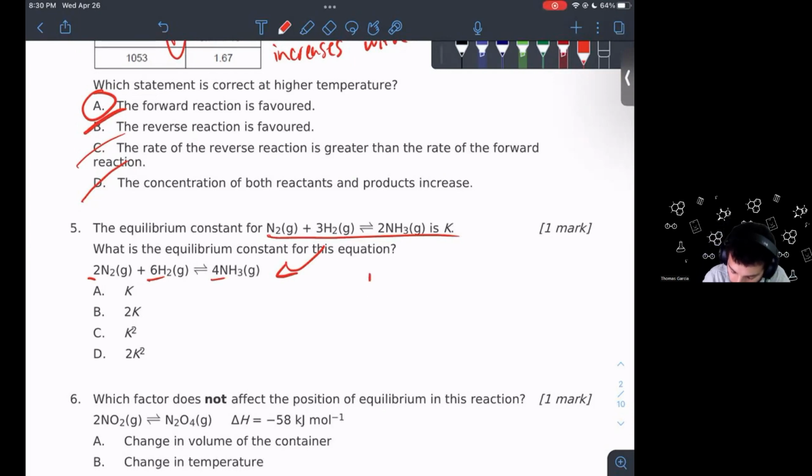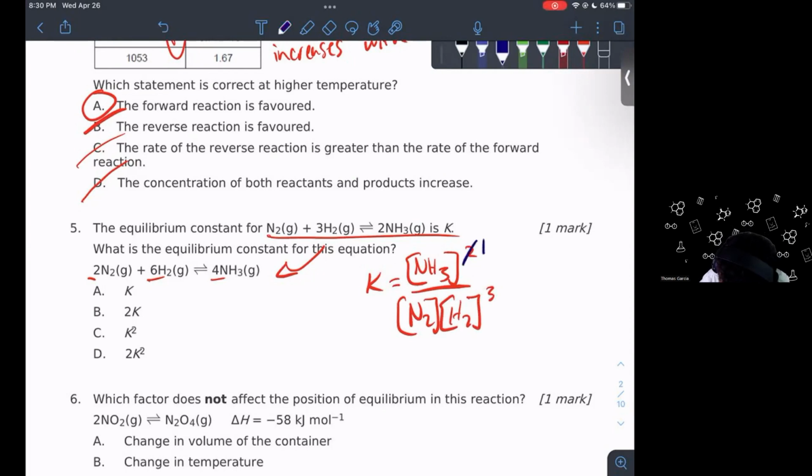And so if we think about this as exactly the same as our first equation, NH3 squared over N2 and H2 cubed, well, our new equation is going to actually change this to a 4, this to a 6, and this to a 2, which means we multiplied the exponents by 2. That means we had to square it. It's going to be C.